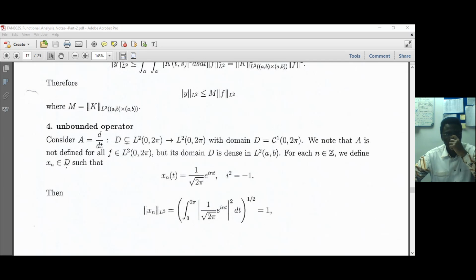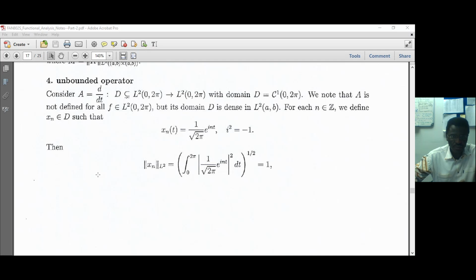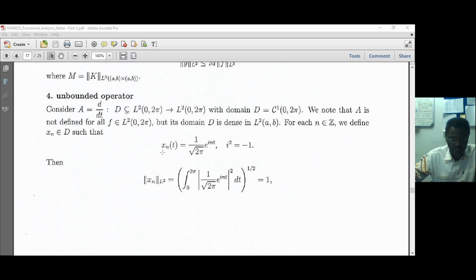Okay, now to show that this operator is unbounded, we are going to do the following. We construct this sequence. Each of these is a function, called a sequence of functions. I defined that in one of the previous classes. And each of these functions is differentiable. In fact, you have the exponential function, which is not only differentiable one time, but you can differentiate as long as you want.